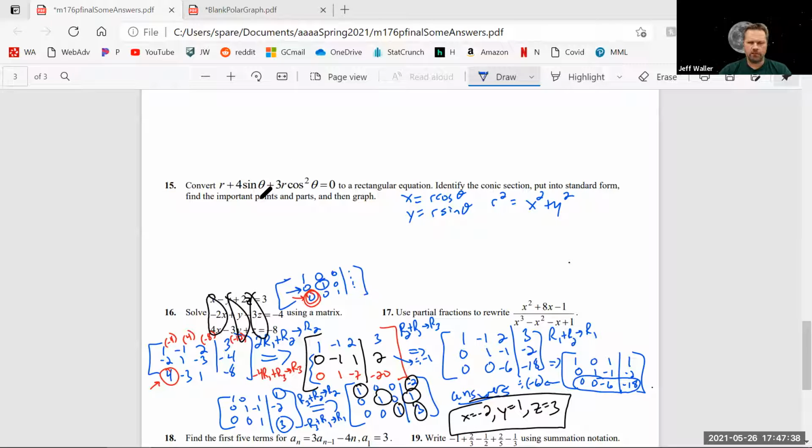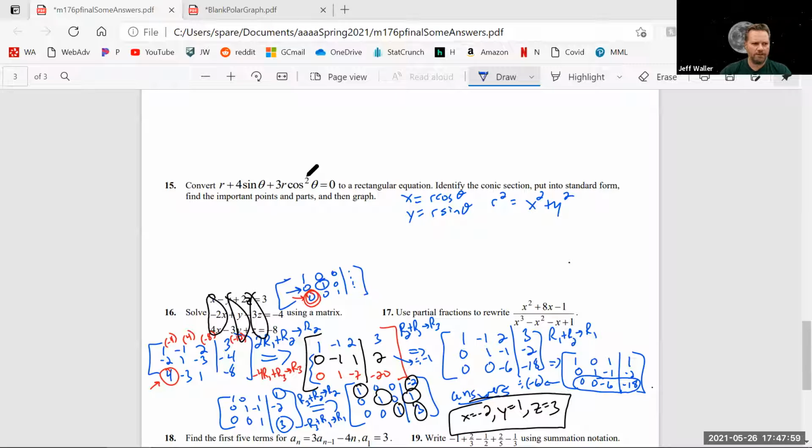It should kind of scream at you what I need to do to start working on this. Unfortunately, some of you guys see sine and you just put a y there. That's not what y is. What is this missing to become y? R. And what is this missing to go along with this?